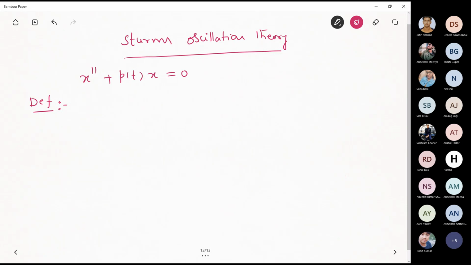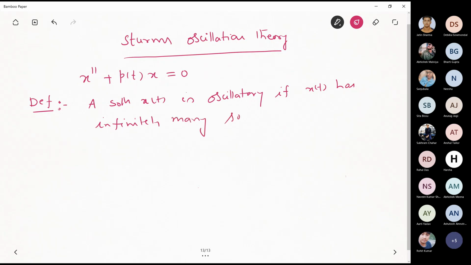So a solution x is oscillatory if x(t) has infinitely many zeros in any positive interval, so let me write t to infinity, for all t.